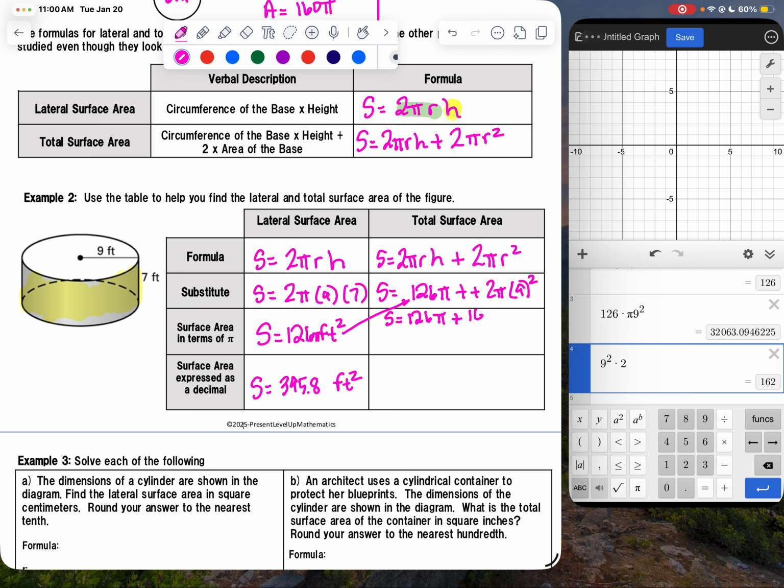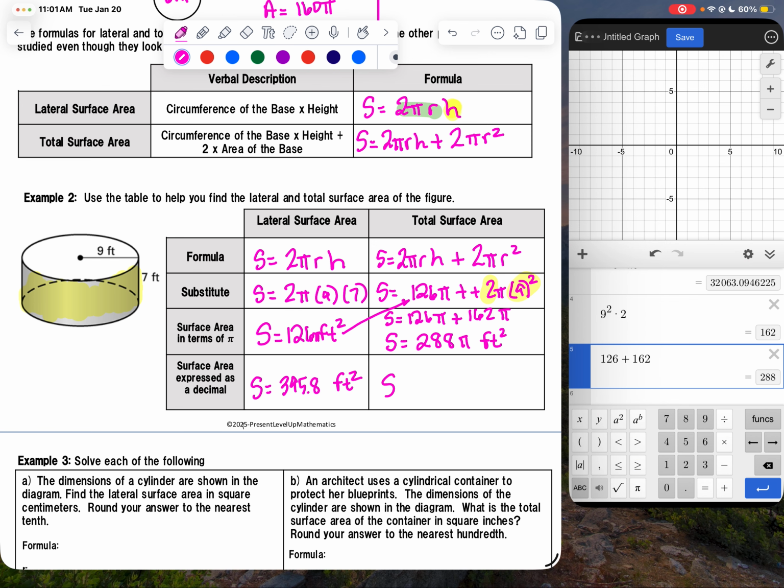This is 162 pi. Now, if you're not sure where I got the 162, I multiplied this times this, okay? Then I just want to combine like terms. 126 plus 162. So the total surface area in terms of pi would be 288 pi square feet.